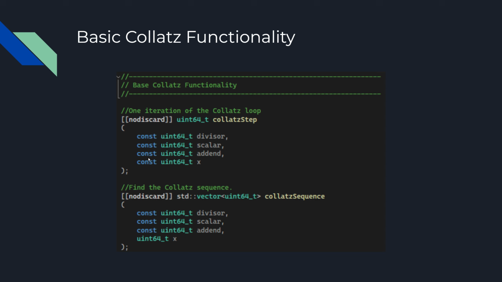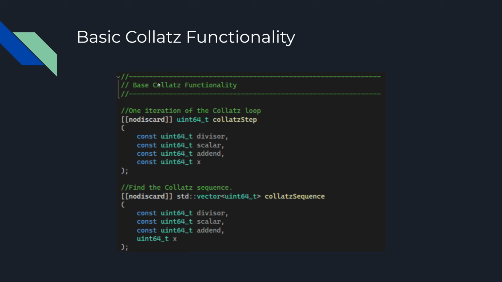All of these are const, which means they're not going to change throughout, except this one down here, which we will see why is not const later. And these are all going to be uint64_ts, which means it is an unsigned integer that we represent with 64 bits in binary, because we might want to represent fairly large numbers.